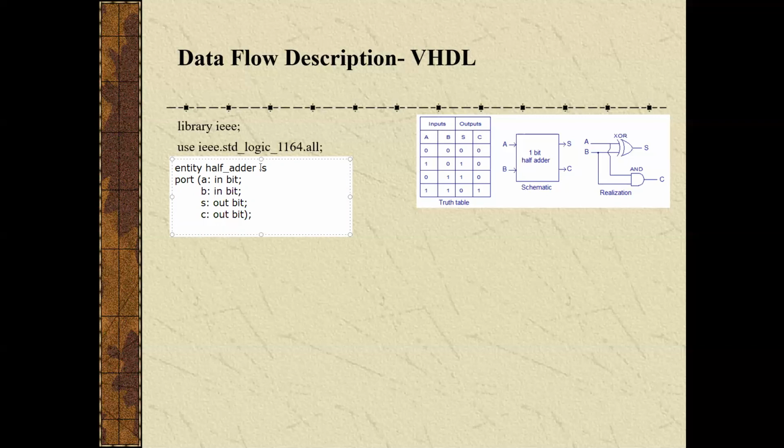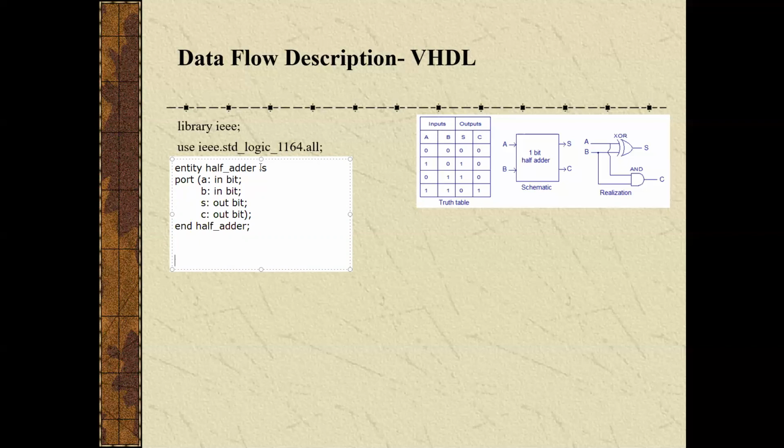Then after declaring the port, we have to end the entity by writing end and the name of the entity, half adder, with a semicolon. So we have declared the port. In the port, we have mentioned all the input and output terminals with the data type.